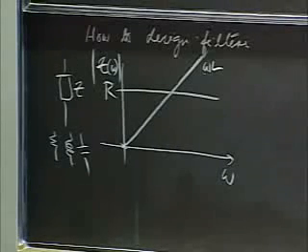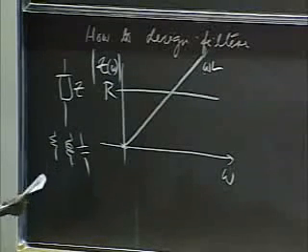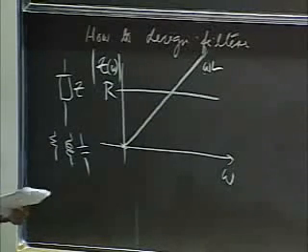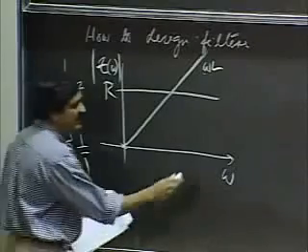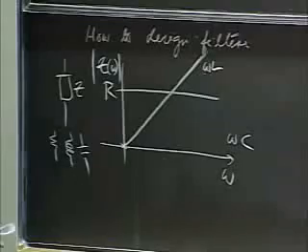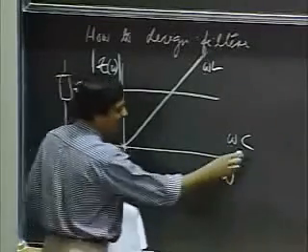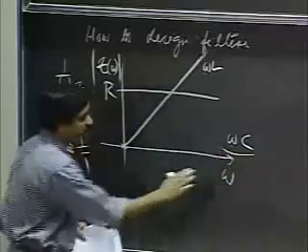What about for the capacitor? For the capacitor, the impedance is 1 divided by j omega C. Okay? And so therefore, I get the dependence being related to omega C, which says that for very high frequencies, the impedance is very low.